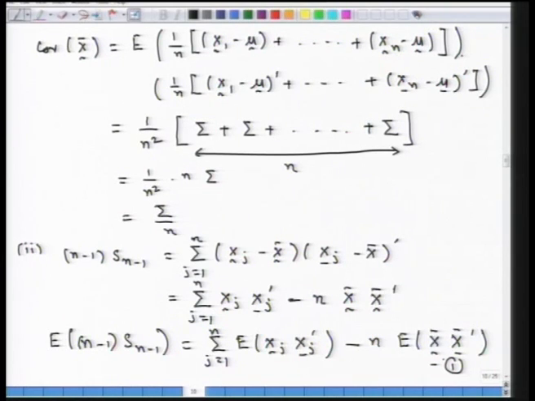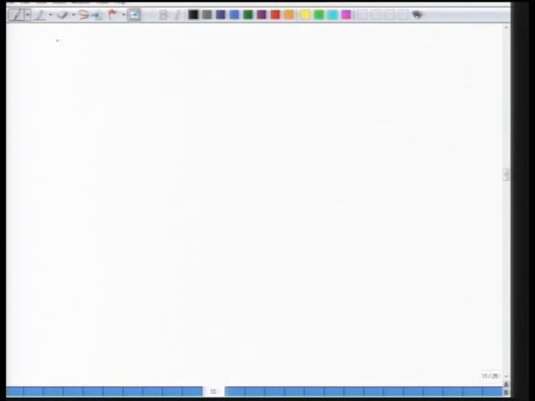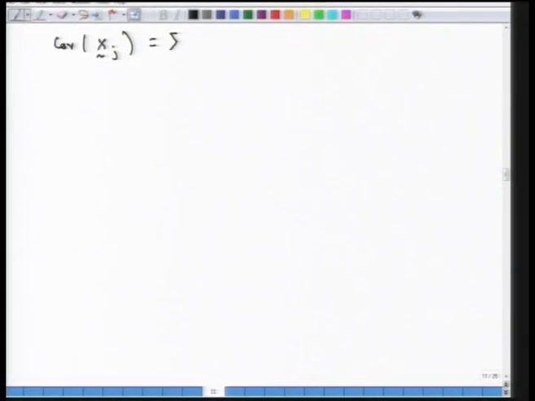So we need to find out what those two expectations are, the expectation of xj xj′ and the expectation of x̄ x̄′. So what we realize is that the covariance matrix of xj, a random sample drawn from that multivariate population, is nothing but sigma.